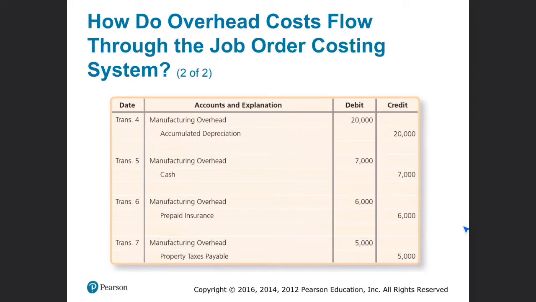The $7,000 we're going to debit to our manufacturing overhead account, and we would credit cash. For the prepaid insurance, again, we're debiting our manufacturing overhead account, and we're going to credit our prepaid insurance account for the $6,000. And then the property taxes that we owe, we have not yet paid. We're going to debit the manufacturing overhead account, and we're going to credit our property taxes payable for the $5,000.